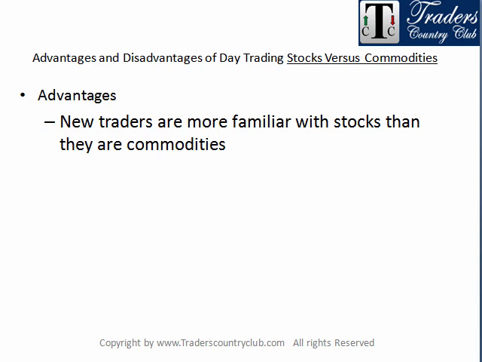There are not that many people who feel comfortable about their knowledge of trading corn or crude oil or even the currencies that may be available in commodities and futures accounts, as well as trading the stock index futures. Let's face it, most people are more comfortable with stocks than they are with commodities.